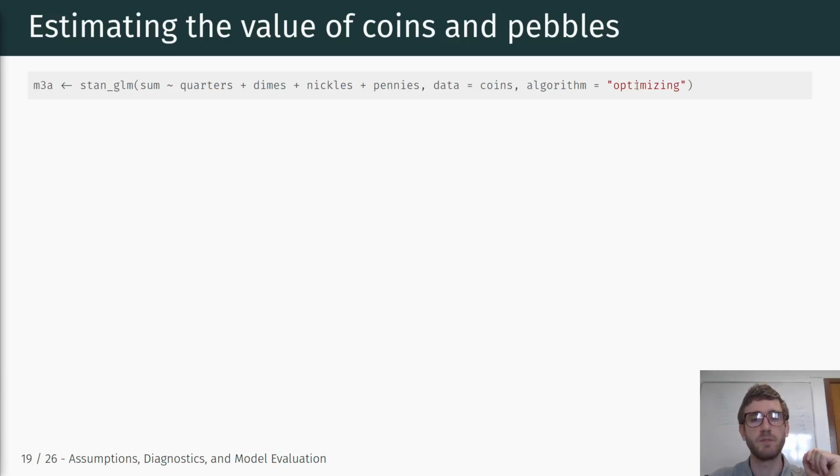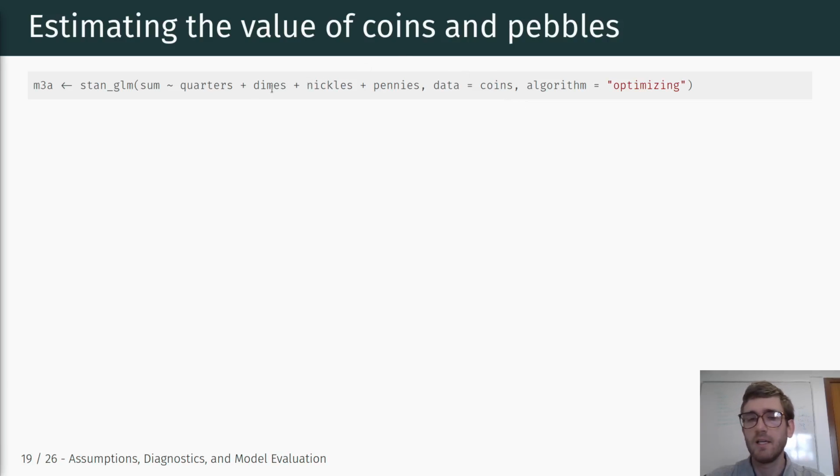We're not sampling from the posterior distribution because we just want to look at the simple point estimates and the standard errors, and this will be much quicker than sampling from the posterior distribution for all the different types of models.